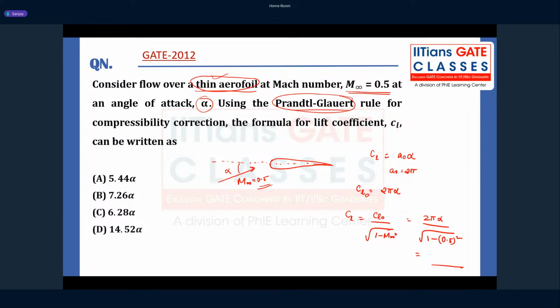Can you calculate and let me know? Yes, you just have to substitute M infinity as 0.5.